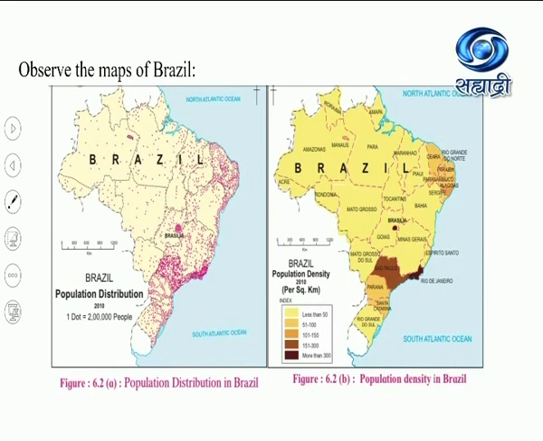Here in these maps, you can see that the extreme northern and the central part of the Brazilian region has very, very little population. Similarly, here also you will find population density is very less. Towards the east, you will find population concentration and density is very, very high. Thus, in some parts of Brazil, population becomes high. In some regions, it is less.